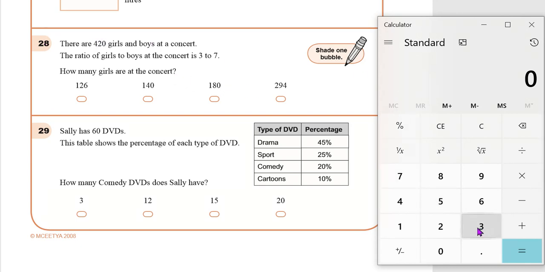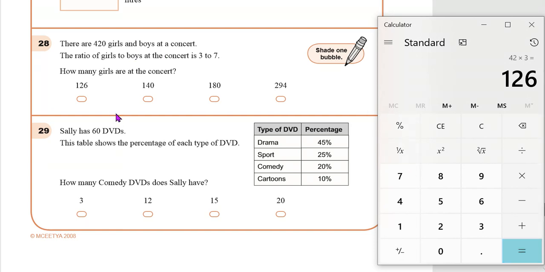So 3 plus 7 is 10. So of every 10 parts, 3 of them will be girls. So 420 divided by 10, so each part is 42. So 3 of those 42-person parts are girls, while the other 7 are boys.